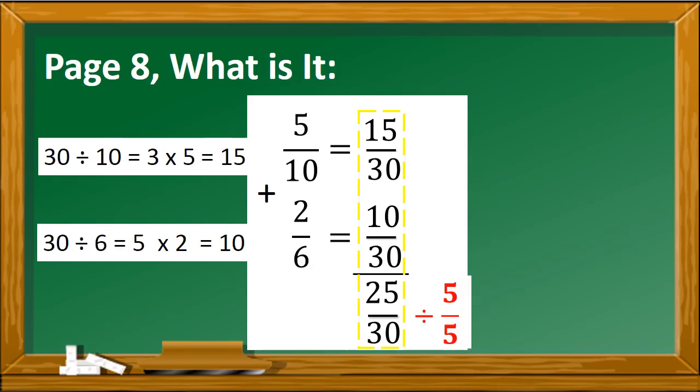Hence, we divide the numerator and the denominator by 5. 25 divided by 5 is equal to 5. 30 divided by 5 is equal to 6. Therefore, 25 30ths in simplest form or lowest terms is 5/6.